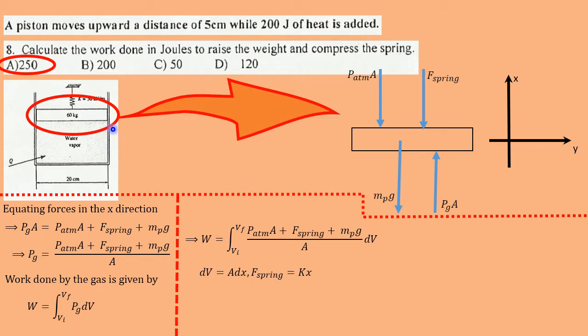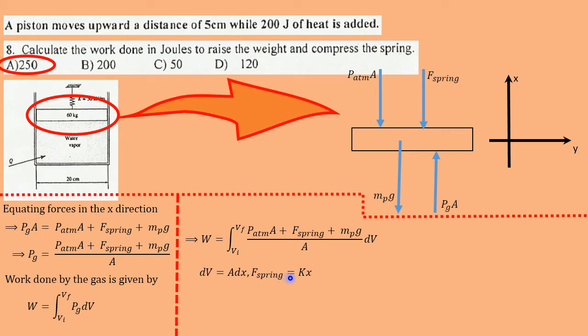So obviously if the piston displaces in the x direction, because we have chosen our x direction to be vertical, then we're going to have an elementary distance dx, and if you multiply this elementary distance with the cross-sectional area, we're going to have the elementary volume.